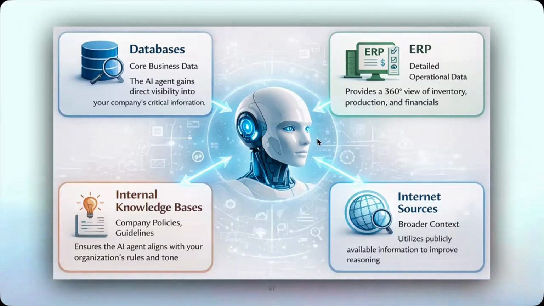Similarly, connecting the agent to your ERP is incredibly powerful. Your ERP contains detailed operational data like inventory, production schedules, financial performance, and customer orders. With access to all of this, the AI agent gets a complete 360-degree view of how your business operates. You can also connect the agent to internal knowledge bases, for example, company policies.